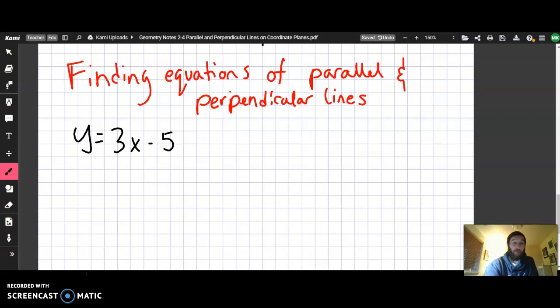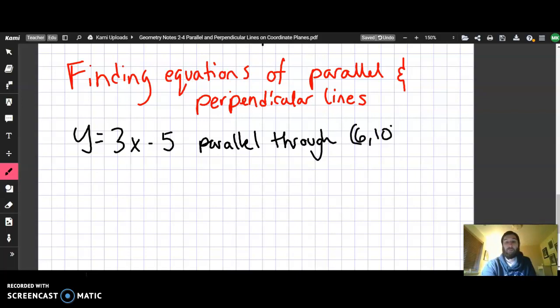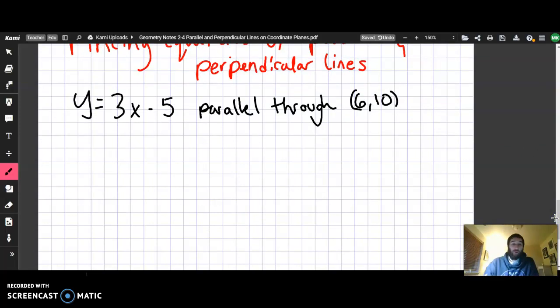So we want to be parallel to y equals 3x minus 5 through 6, 10. Well, that means we are finding a new line, brand new line. And so that means we're referencing y equals mx plus b.